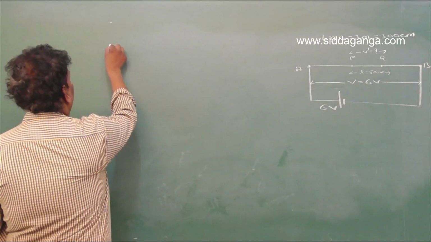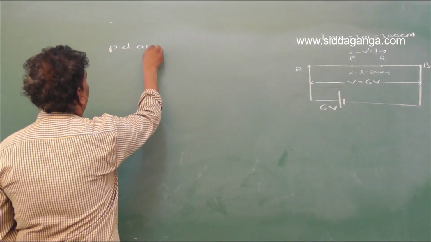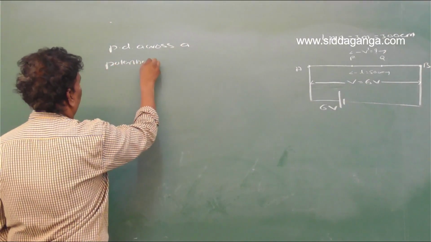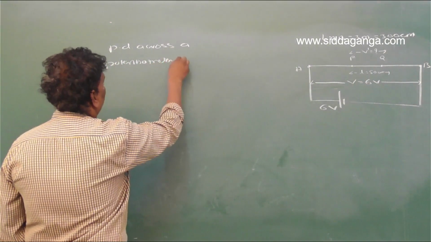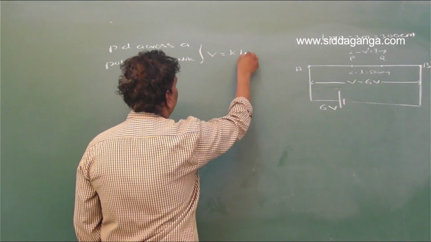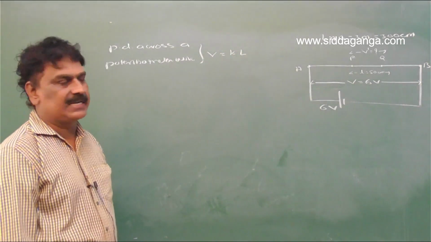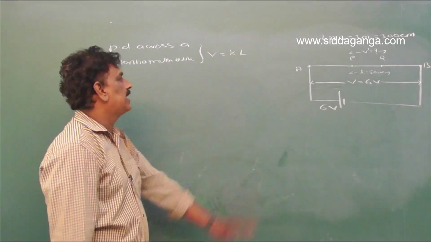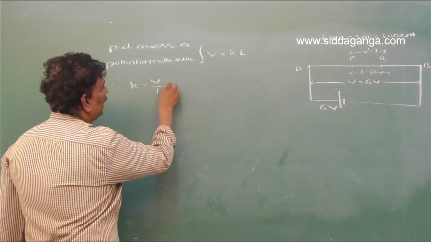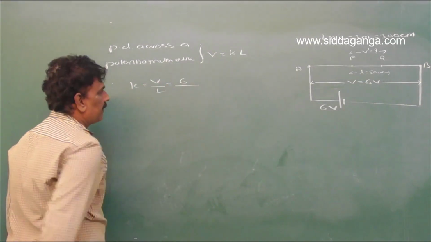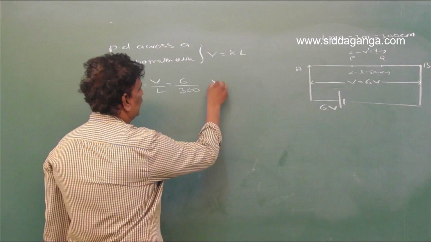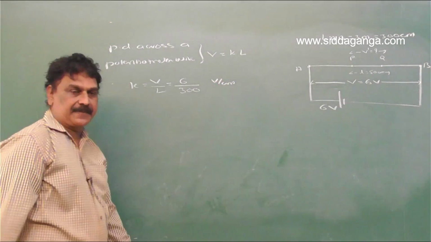Now we have potential difference across a potentiometer wire. So V is equal to K into L, where K is a constant, or K is equal to V by L is a constant. Therefore, this K is equal to V by L, that is 6 by 300, so this is 6 by 300 volt per centimeter.